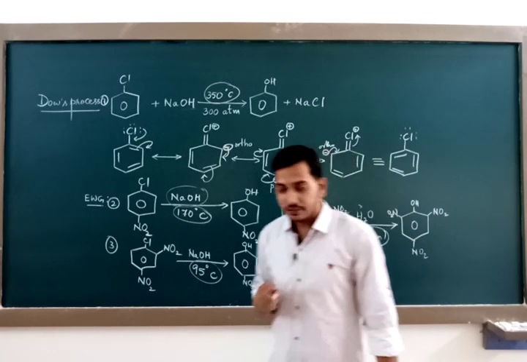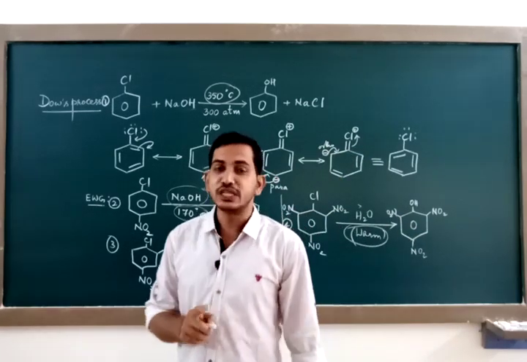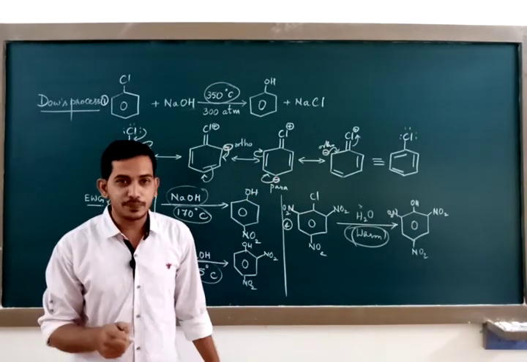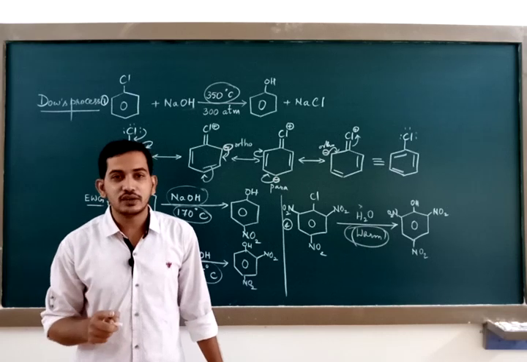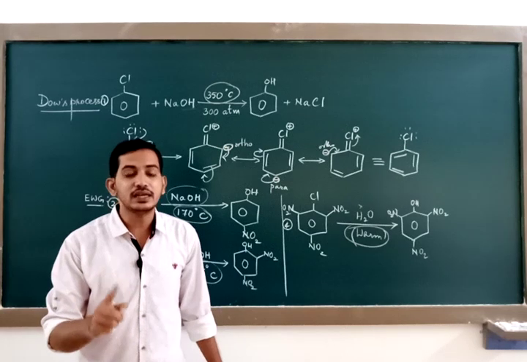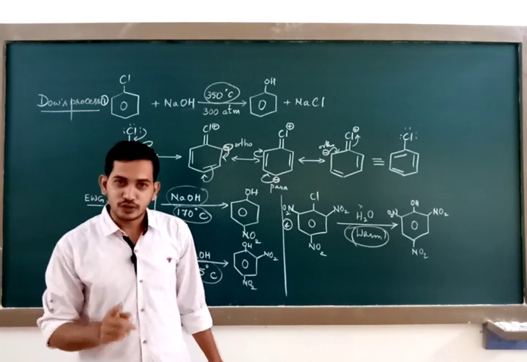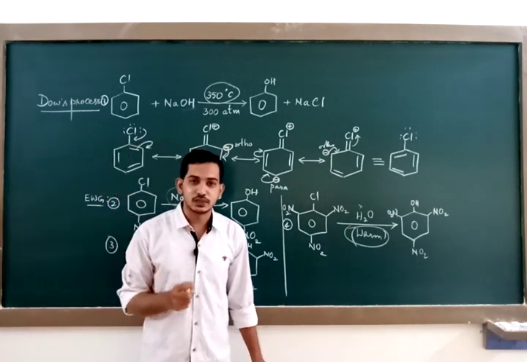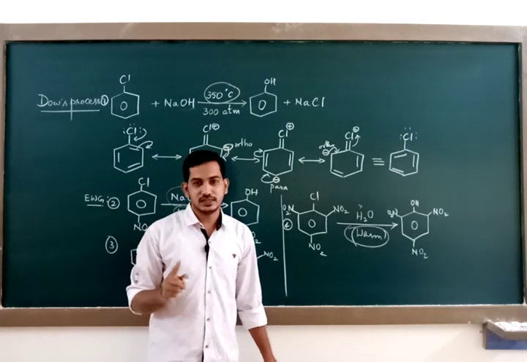Therefore, whenever an electron withdrawing group is present at ortho and para positions, the reactivity of haloarenes towards nucleophilic substitution reaction increases. If an electron withdrawing group is present at ortho and para position, the reactivity increases.